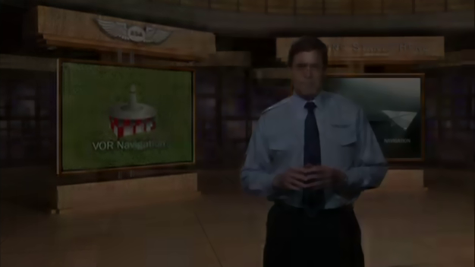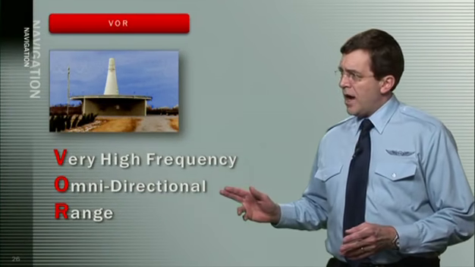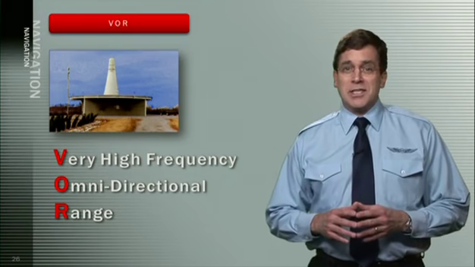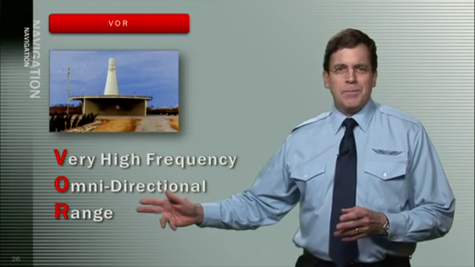VOR navigation is a key component of navigation worldwide, even while GPS and other systems are becoming increasingly widespread and universally adopted. The acronym VOR stands for Very High Frequency Omnidirectional Range. Now that's a mouthful to say, so the FAA abbreviates it VOR.